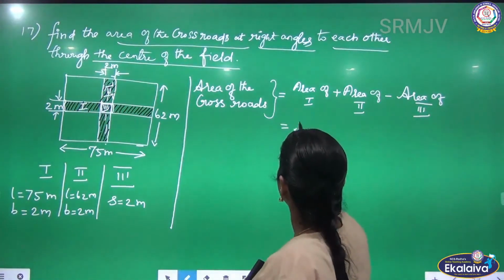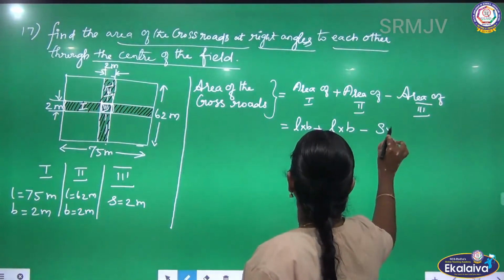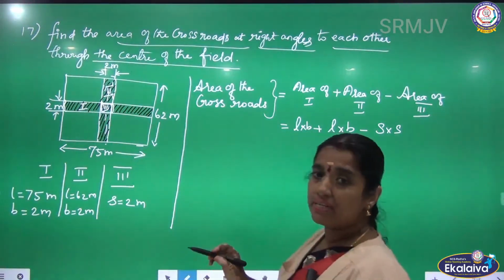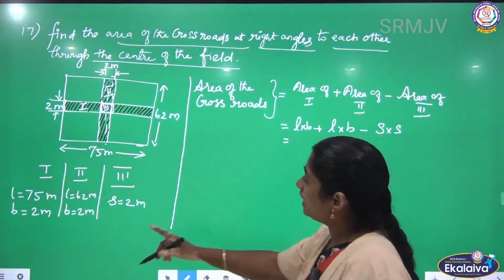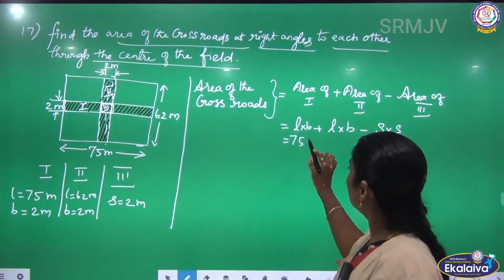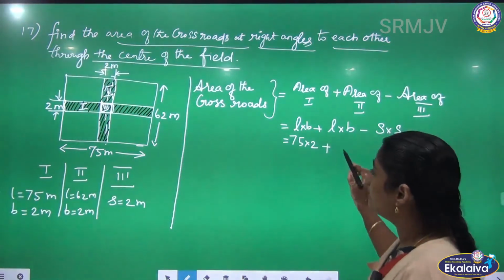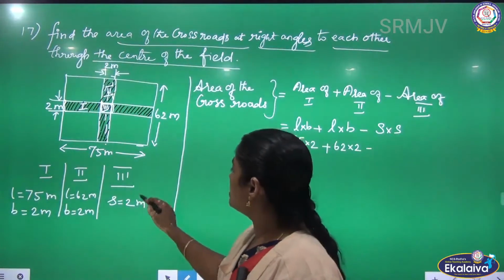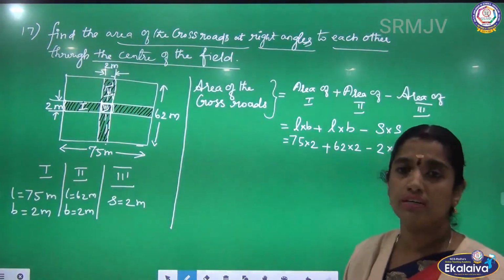Length into breadth, plus length into breadth, minus s into s, because the four sides are equal, I can represent that as side. Now listen, rectangle 1 is 75 into 2. Rectangle 2 is 62 into 2, minus side into side, which is 2 into 2. Got it, children?